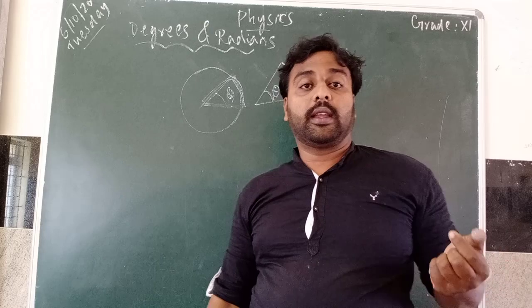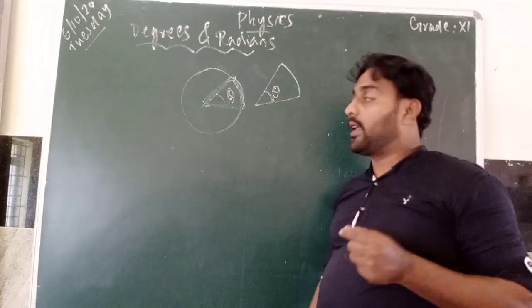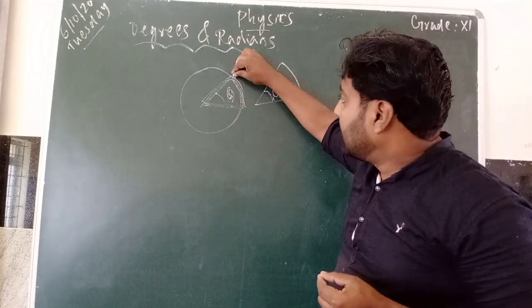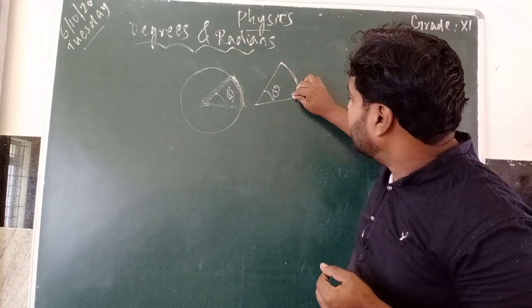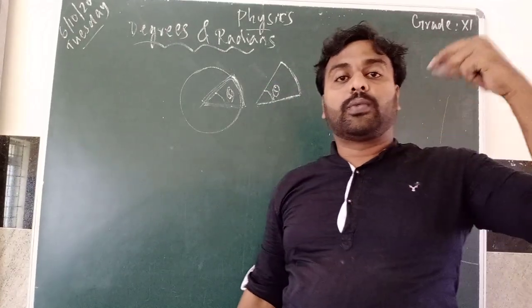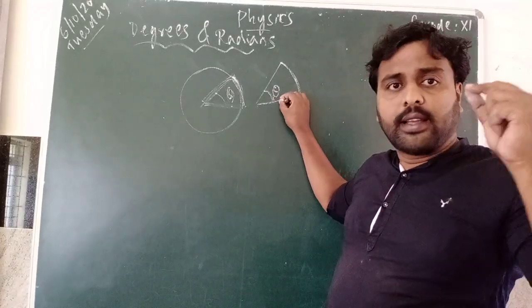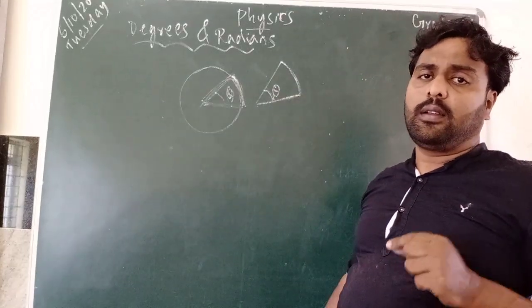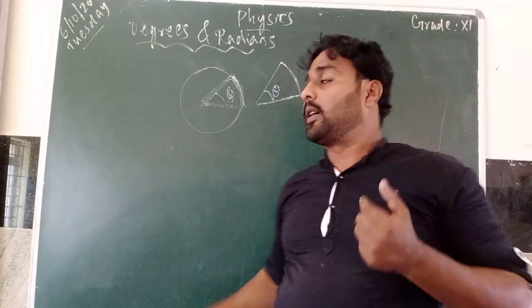Also, it is defined as the length of the arc divided by the radius of the arc. This part is the length of the arc. This is the radius of the arc. If we divide the length of the arc by the radius of the arc, we will get the radian.